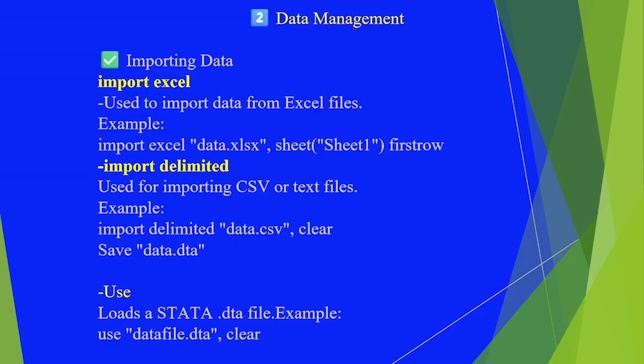And remember, I'm just giving a relative path, but I don't know how you've organized your files. So if you have an absolute path, then you need to provide it, like, let me assume maybe you have a folder labeled STATA program, and it contains this data file called datafile.dta.